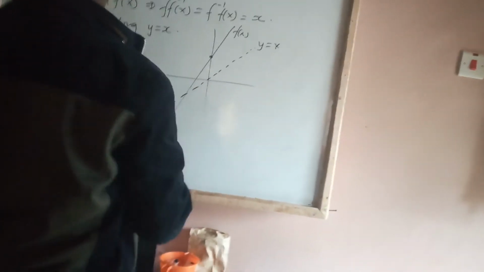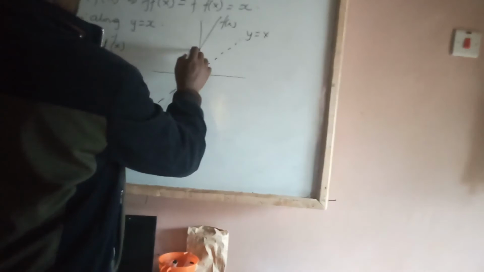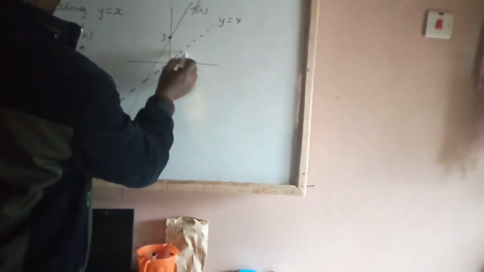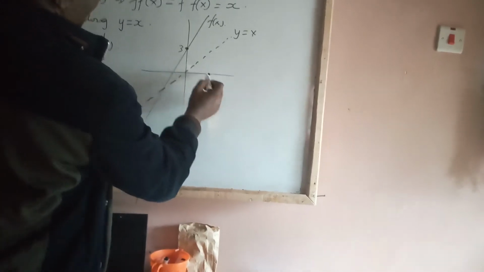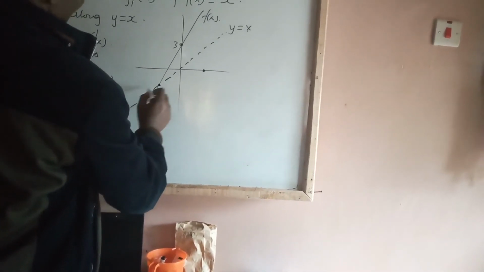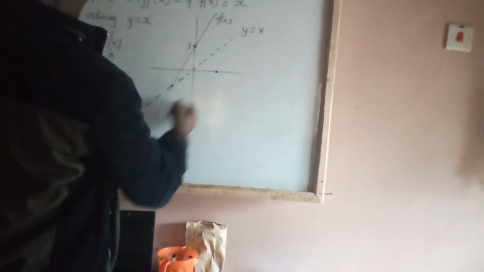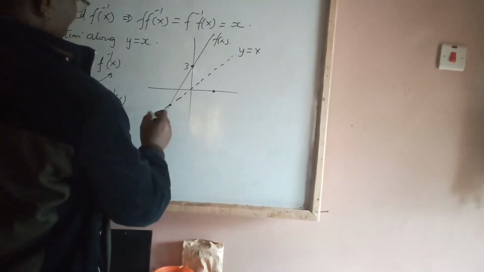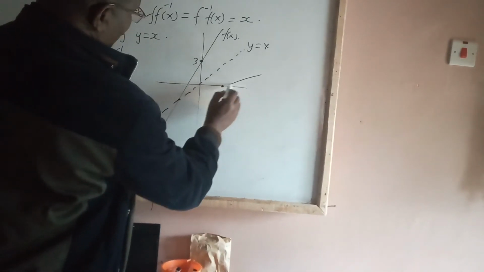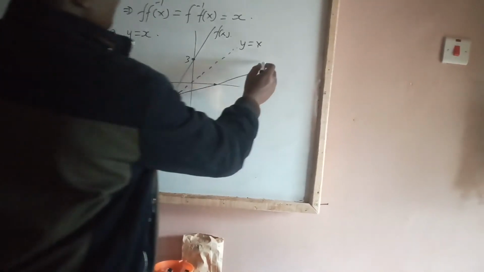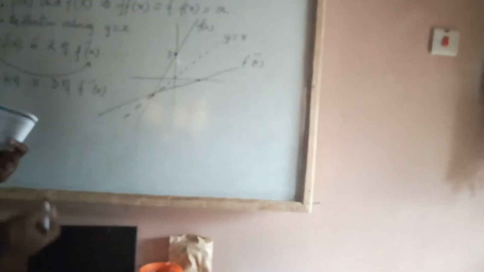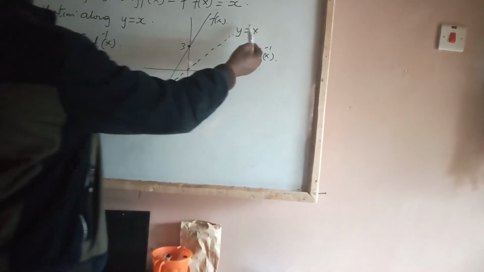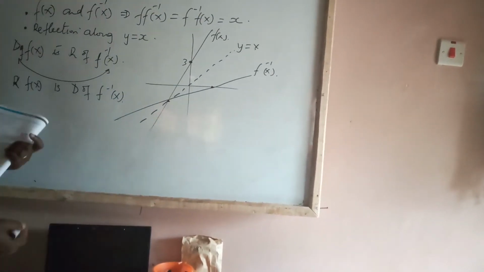If this was supposed to be a 3, then it's reflected along the line y = x, and this point is reflected here. So you can see that's a point of intersection between the mirror line and the original function. So we are going to have a function that we now call f⁻¹(x). It's a reflection along the mirror line y = x.